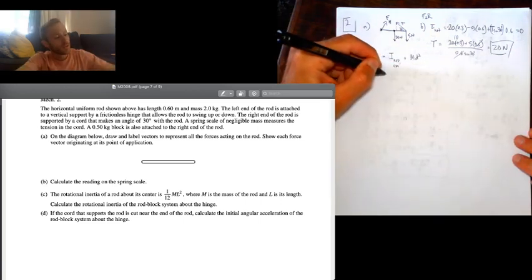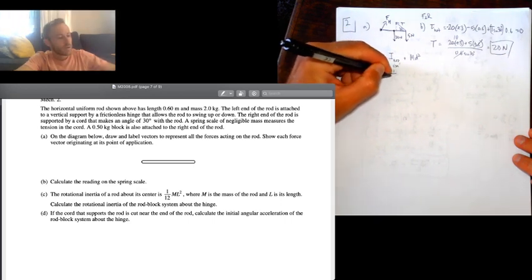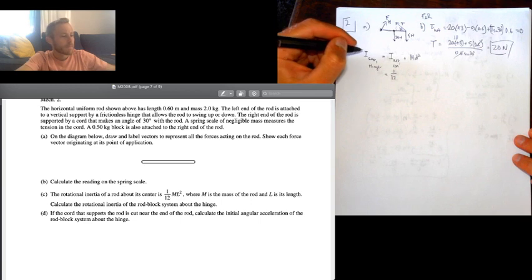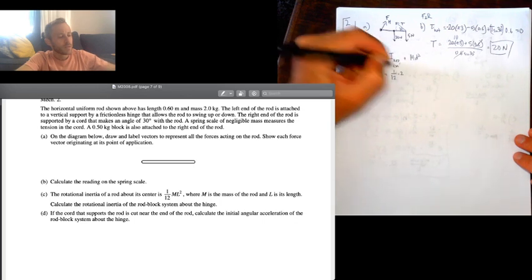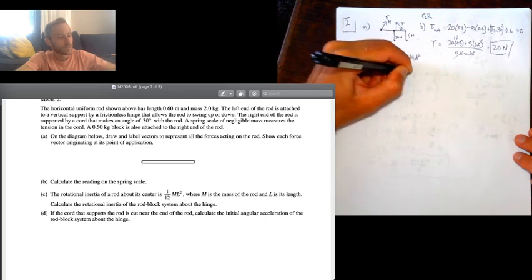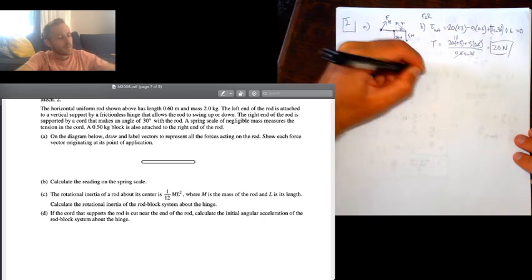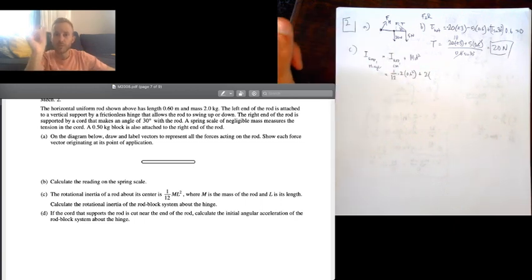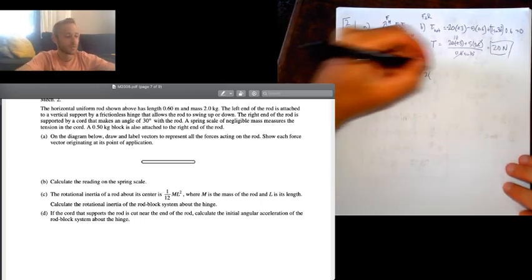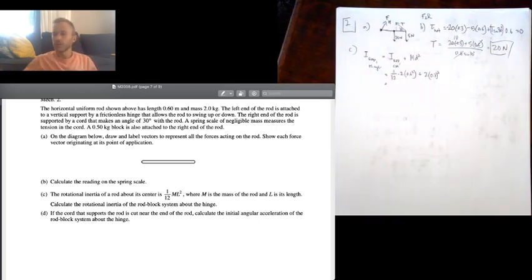So we know that the rod about the center of mass is 1/12 m, which is 2, times L squared, so 0.6 squared, plus m d squared. D is the distance from the center of mass to the hinge, which would be 0.3.